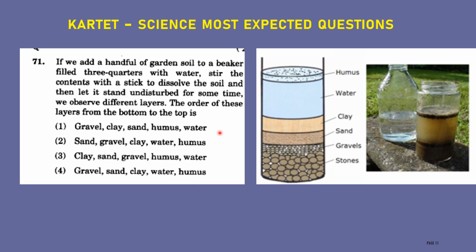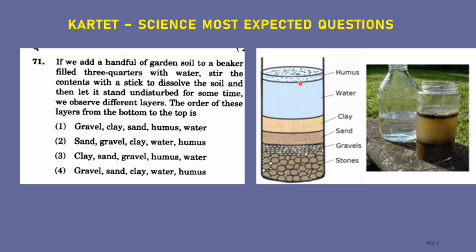Consider a soil, then add the soil to a beaker 3/4 filled with water. Then stir it well and leave it for some time. Then you can observe different layers of soil. The layers form depending upon the density. The stone has higher density, so it will settle down.